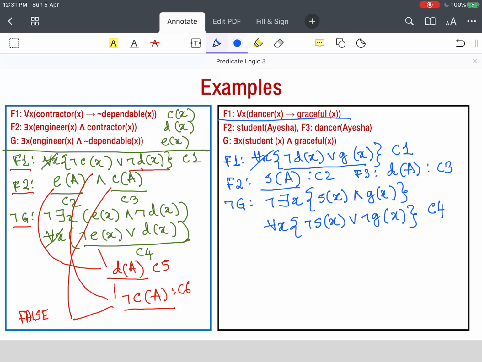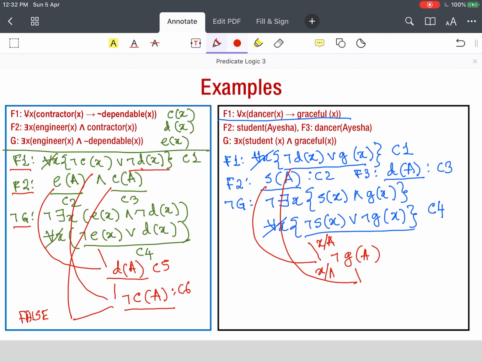Given all these, now we start our resolution refutation. We have C1, we have C2, we have C3, and we have C4. So we start applying the resolution rule. We can combine C4 and C2, and by substituting x by a, we get not of gA.